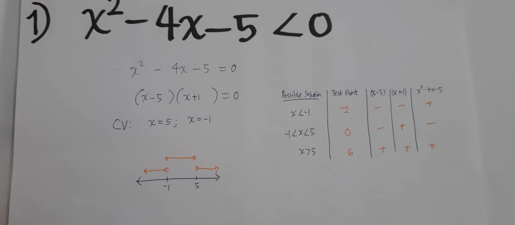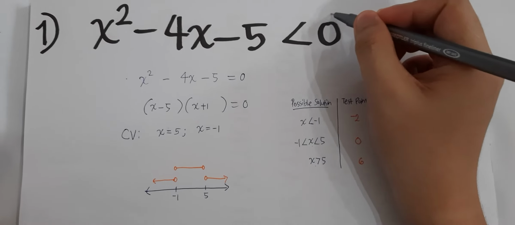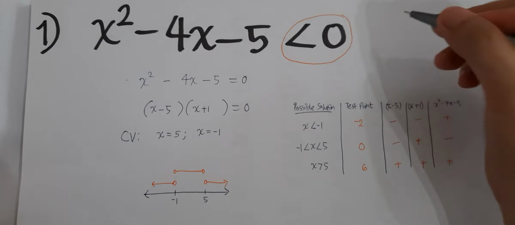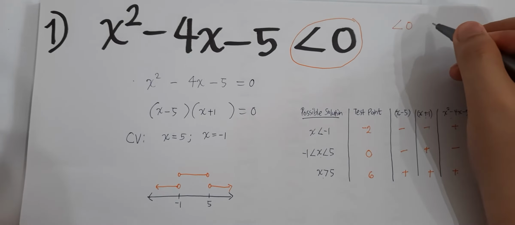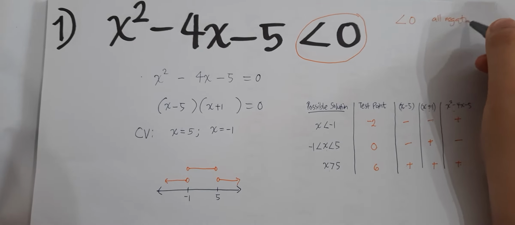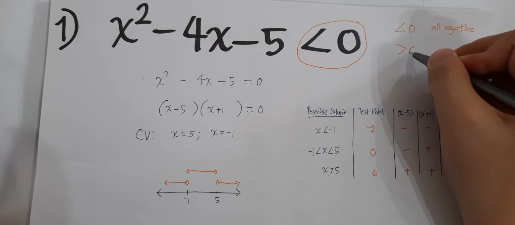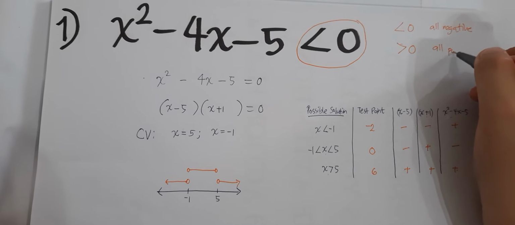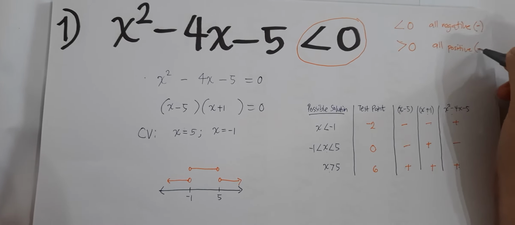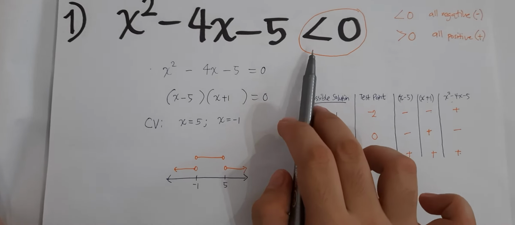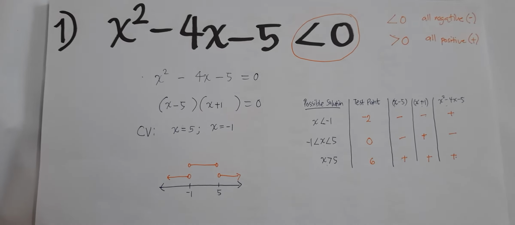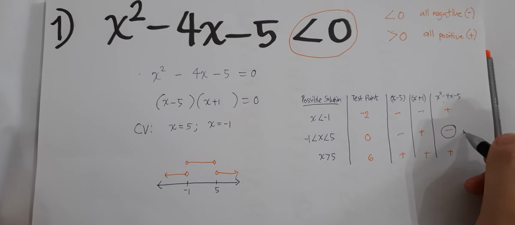But which one should I choose? Now here, the given is less than 0. So you need to remember, if it's less than 0, you will take all negative. If it's greater than 0, you will take all positive. So less than 0, what do we need? Negative. Where is negative here? This one.